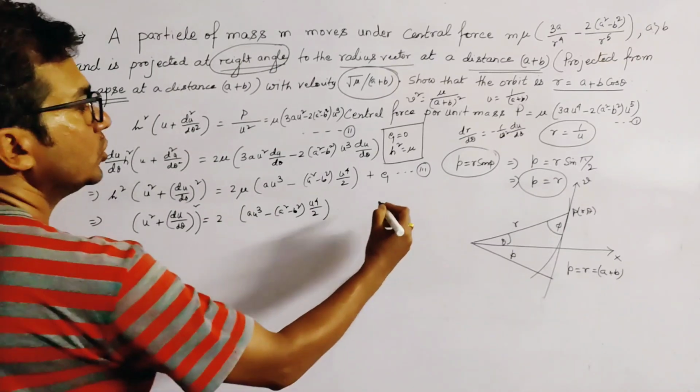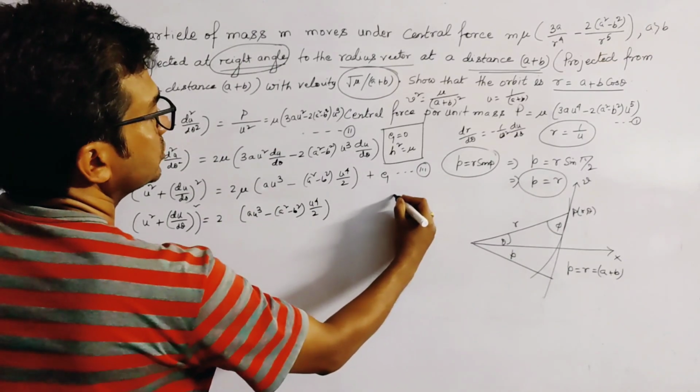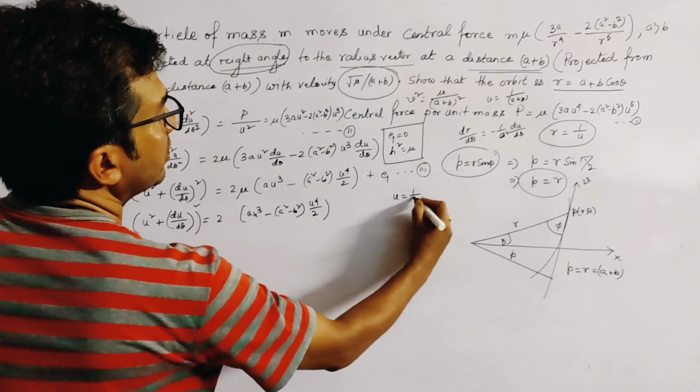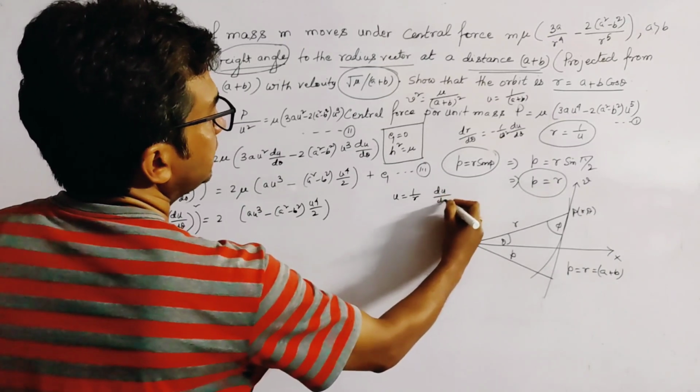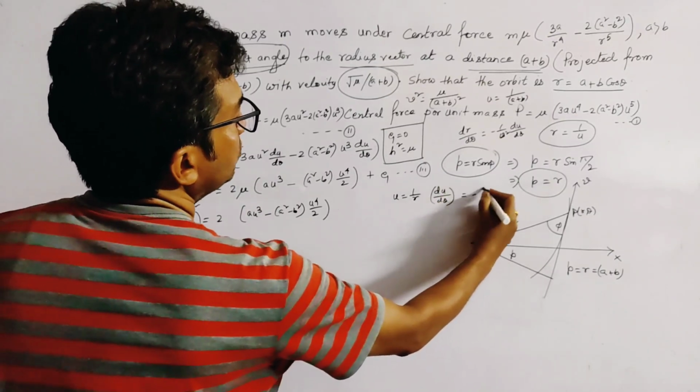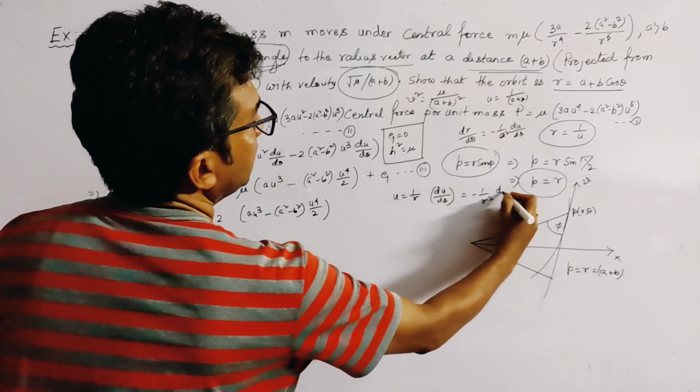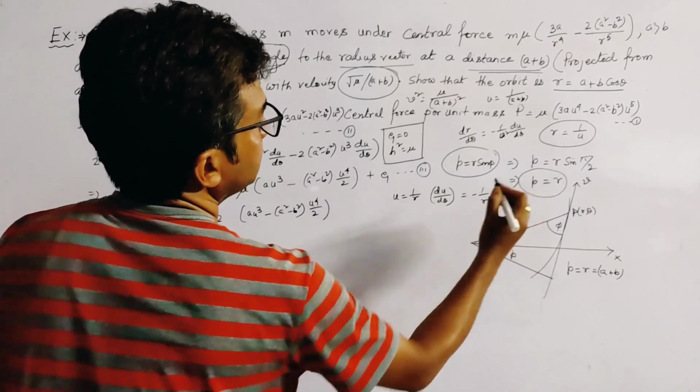Now here we substitute u equal to 1 by r, and du d theta equal to minus 1 by r square into dr d theta.